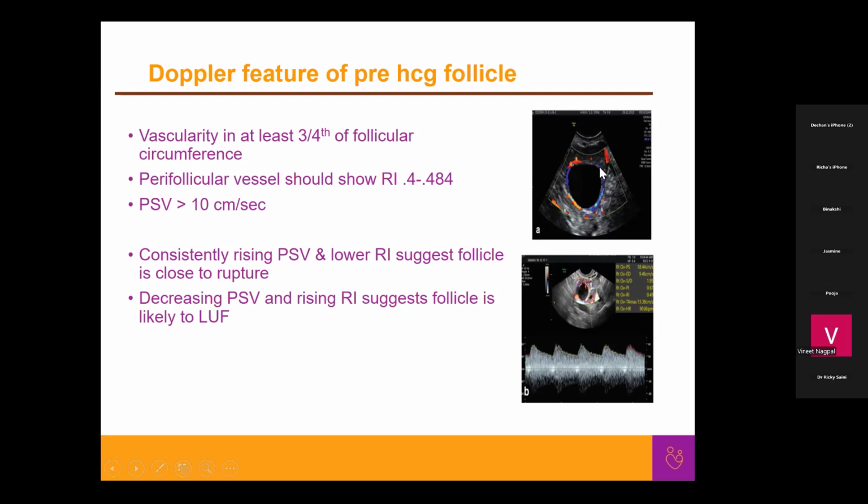As we can see in this picture, the follicle is surrounded by the vessels, and if we look into the detail, the peak systolic velocity is around 18, and the RI is 0.49. So this follicle is basically ready to trigger. That is how we give the trigger on the basis of color Doppler.